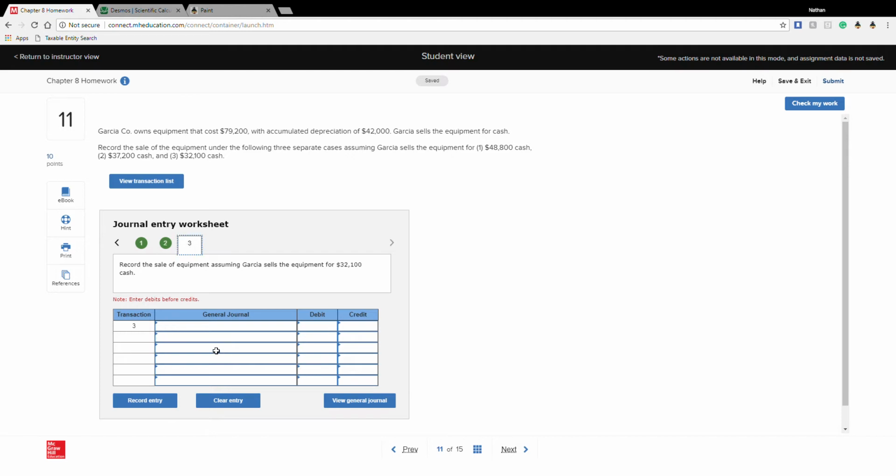Okay, so figuring the scenarios that are playing out on this question, we had a gain, we had no gain or loss. This one's probably going to favor the other way around. But still, we have cash of 32,100. Again, our accumulated depreciation. And I'm still going to put equipment right here of 79,200.